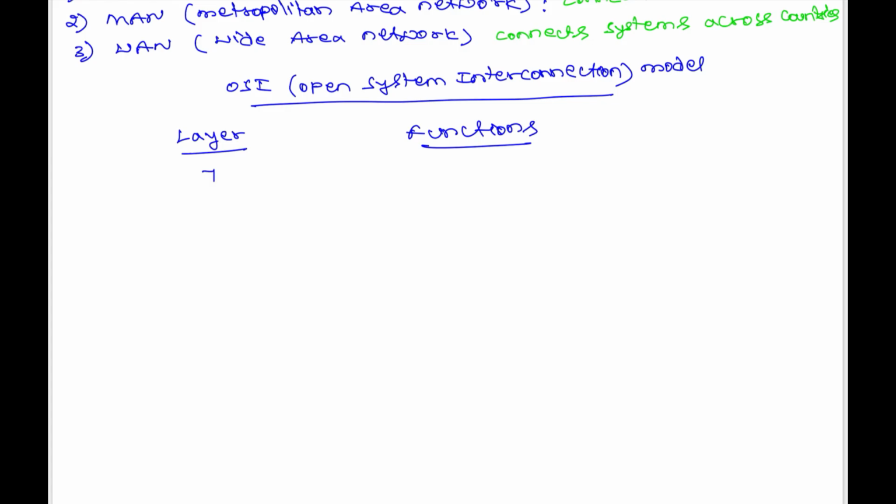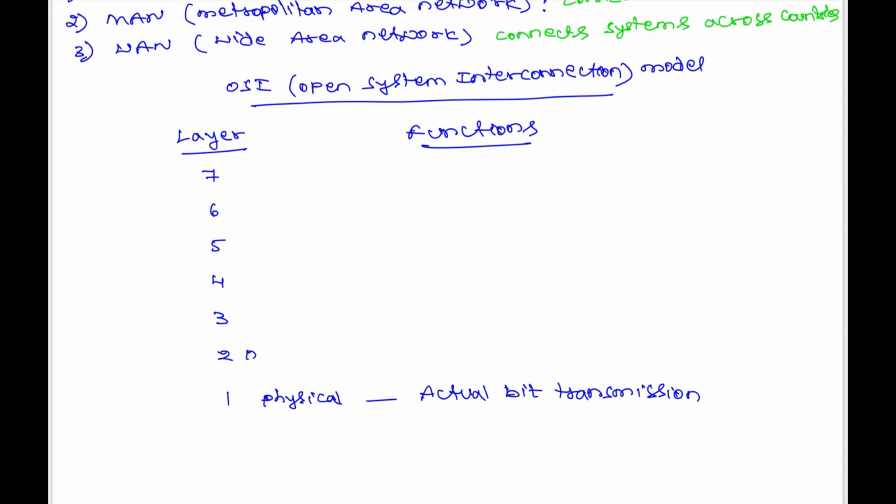We have 7 different layers. The first one is called the physical layer. The physical layer is used for actual bit transmission.